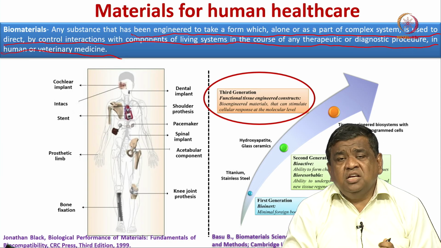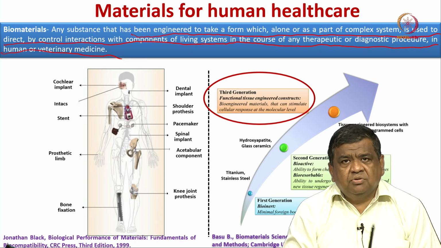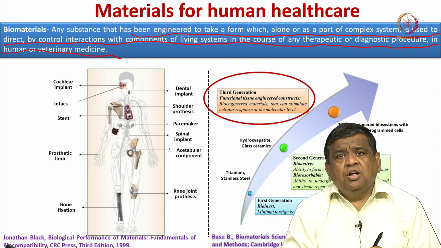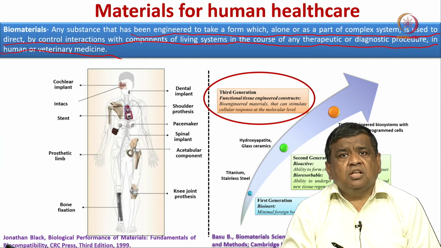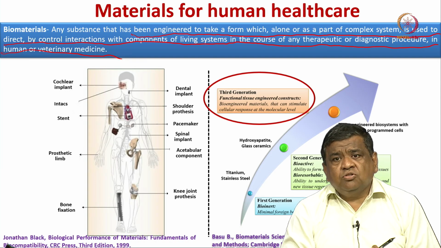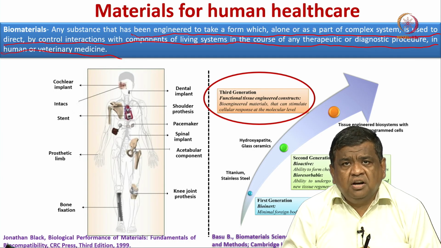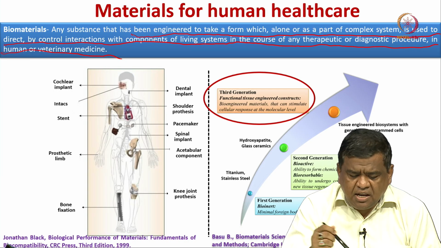And if the material is to regenerate the peripheral nervous tissue, then you have to see whether the materials can support the neuronal functionality. So, the way this total biomaterials field has evolved over the last several decades has been shown very schematically here.